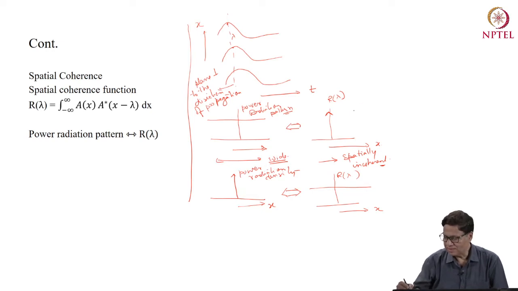In the earlier case the power is emitted over a wide area, whereas in this case it is emitted in a very narrow, focused, directional way. So this kind of source is called a spatially coherent source.